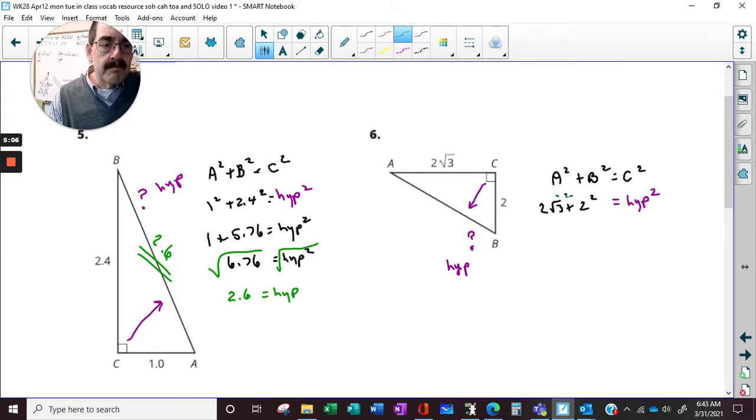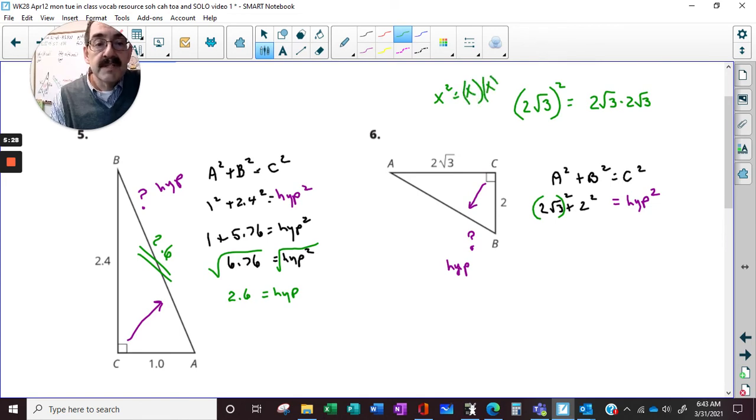Now, a couple of you were like, what in the heck is that? So, 2 radical 3 squared is nothing more than 2 radical 3 times 2 radical 3, right? Whenever you have something squared, it's just itself times itself. 2 squared is nothing more than 2 times 2.